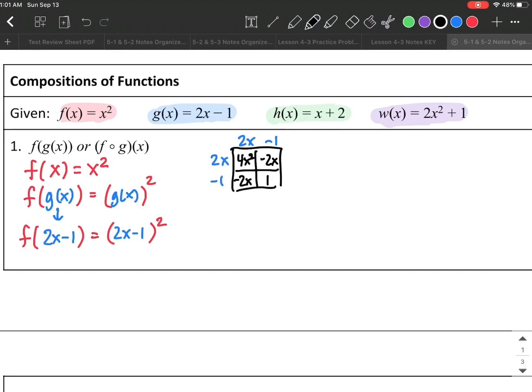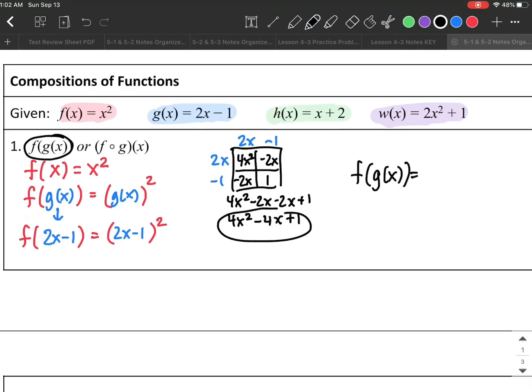That gives me 4x squared minus 2x minus 2x plus 1, which is 4x squared minus 4x plus 1. And then I just rewrite what I have up here and write my answer as f of g of x is equal to this thing here. So 4x squared minus 4x plus 1, and this is my final answer.